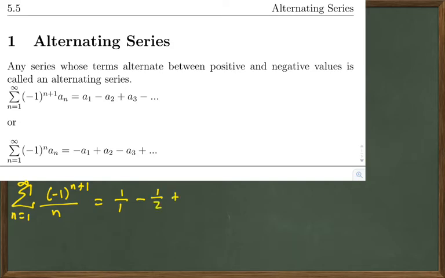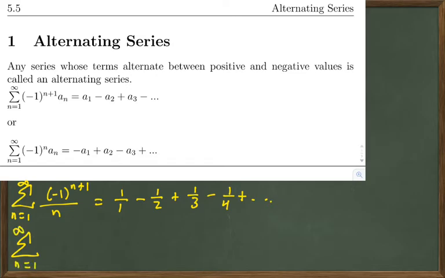Then you'll see the alternation. So for n equals 3, we'd have 3 plus 1, which is 4. Negative 1 to the fourth power would be a positive 1 over 3, etc.